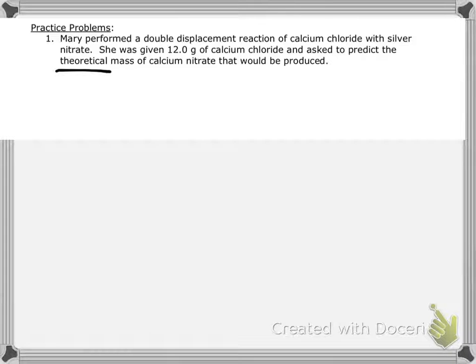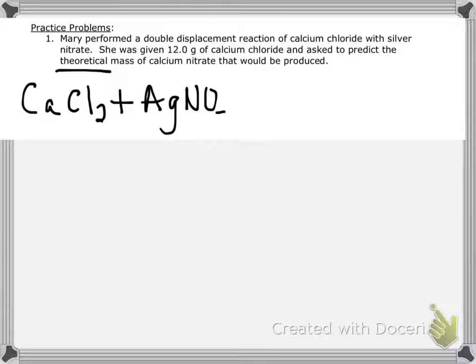Okay, so the very first thing we have to do is write and balance the chemical equation, which serves as our recipe. So we have calcium chloride plus silver nitrate, and it's double replacement, so it's going to make calcium nitrate and silver chloride.